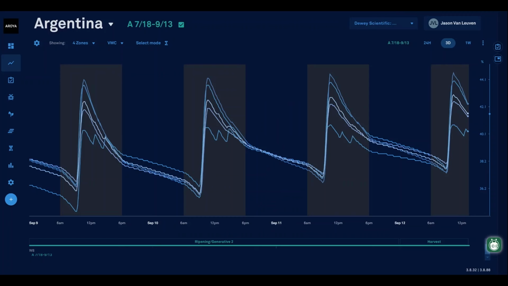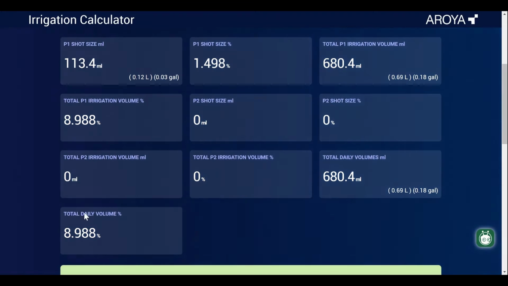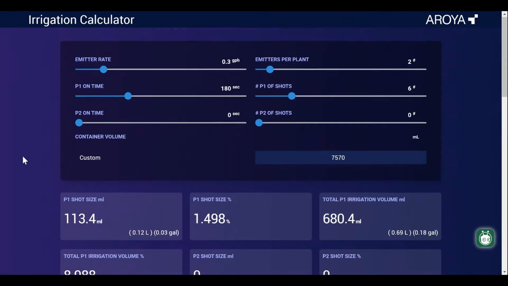Most of the time, I always want to make sure that my larger plants aren't being deprived, right? We're not looking for their water content to drop, and that's where it gets to be a little bit tricky starting to manage runoff and stuff. But let's go ahead and assume we are running a generative irrigation and we need at the very least 7.1%.